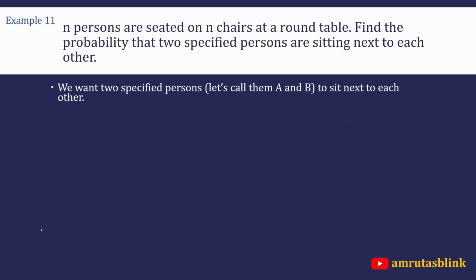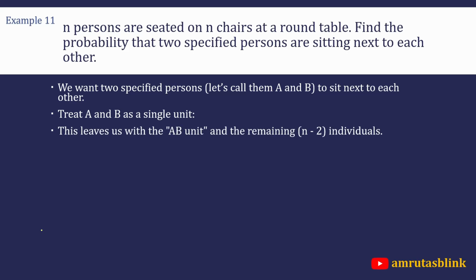Now here we want two specific people to sit. Let's say they are A and B. So we want this A and B specifically to sit next to each other. So here also, unlike that book problem, we have to treat this A and B as a single unit.